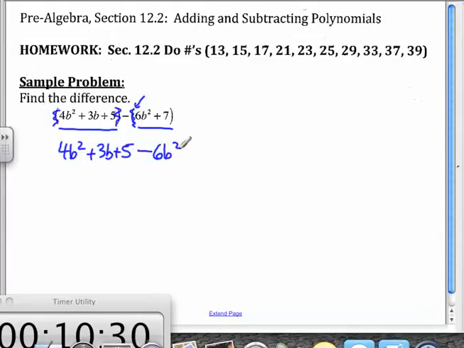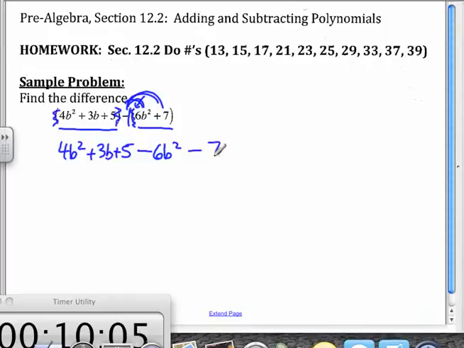It changed its sign. Do you see there's really a negative 1 in front of that? Right? And I can distribute it. Both of these things have to change their signs. Whenever I'm subtracting a polynomial, the second one changes all of its signs. Alright, so this becomes a negative 6b squared minus 7.